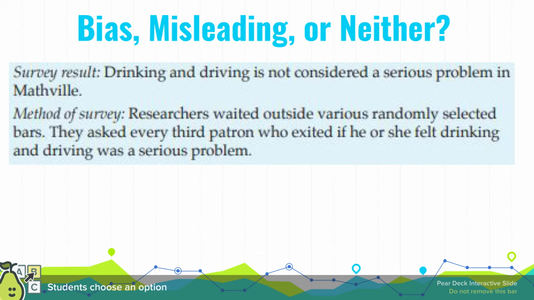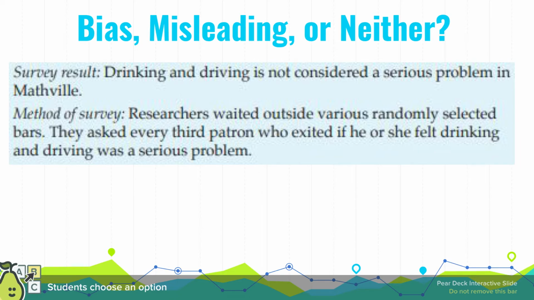So in this first example, the survey result was that drinking and driving is not considered a serious problem in Mathville. The method of survey was that researchers waited outside various randomly selected bars. They asked every third patron who exited if he or she felt drinking and driving was a serious problem.